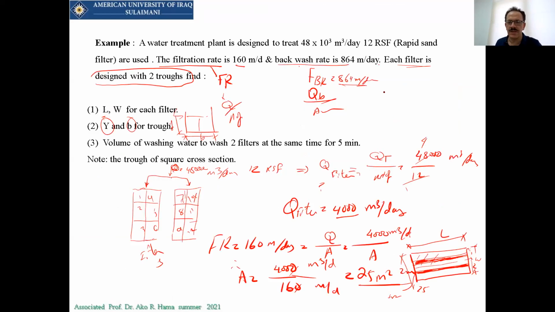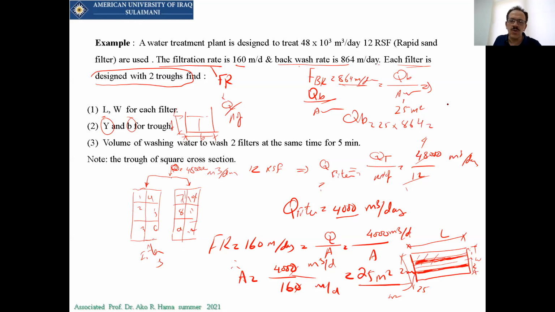864 meter per day. So this 864 meter per day is equal to Q backwashing divided by the area of one filter. The area of one filter is 25 meters square. So from this one, I can get meter per day, and we have 25. So the Q backwashing is equal to 25 times 864 meter per day.